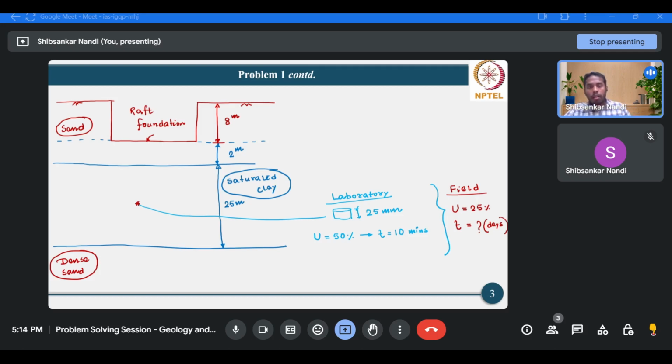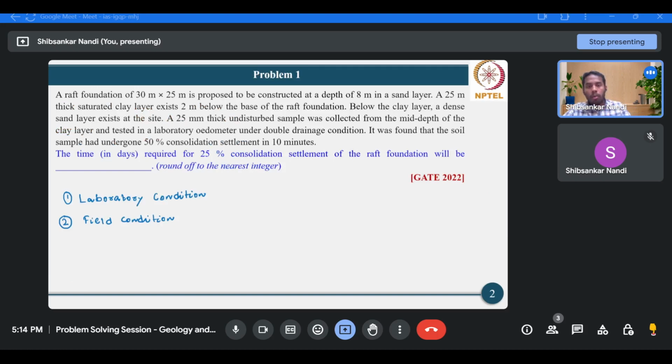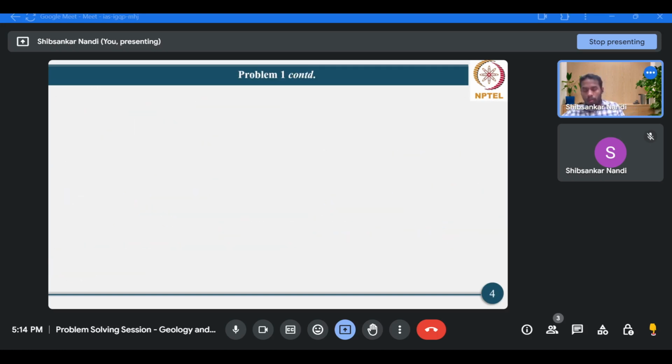so this is the problem statement. Now we'll start from the laboratory condition. So since your degree of consolidation is 50%, so we can easily determine, okay, so before let me put the term laboratory.